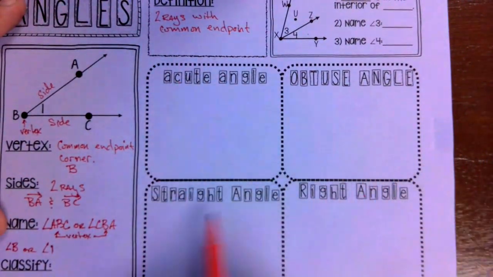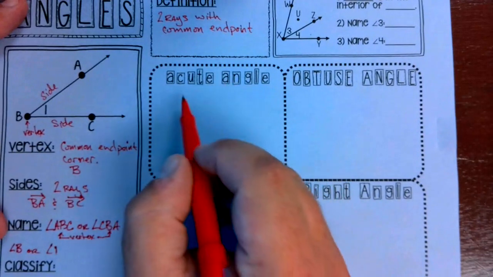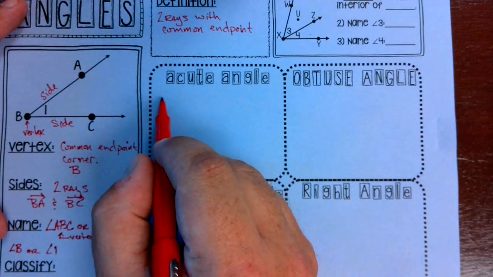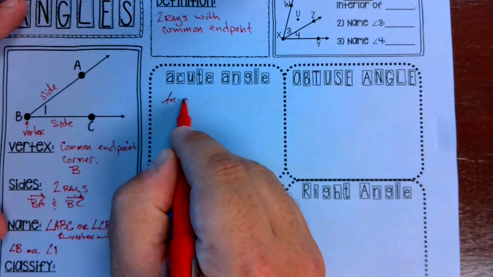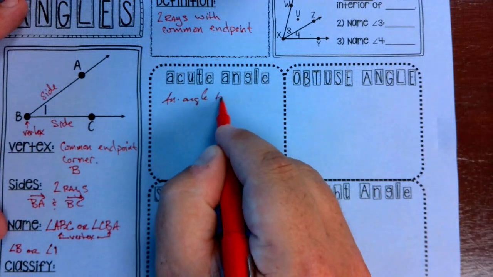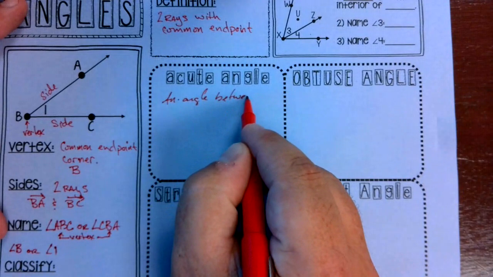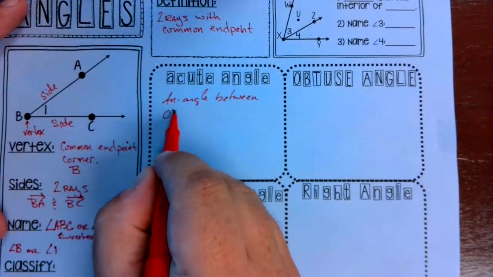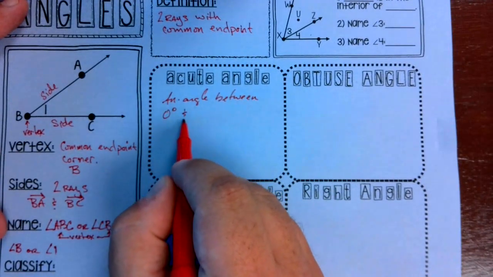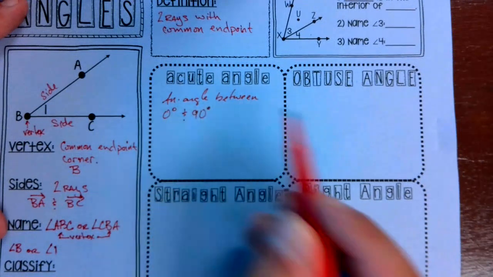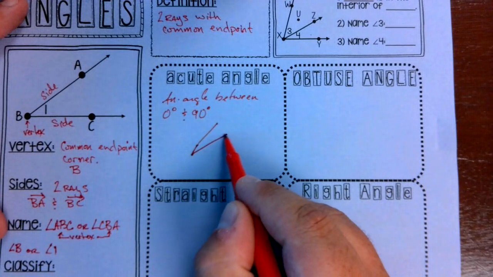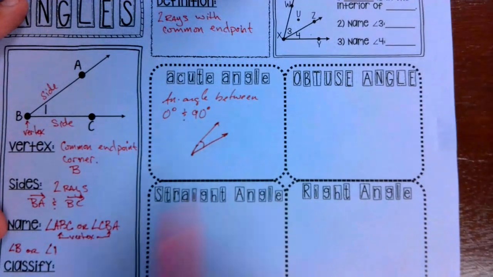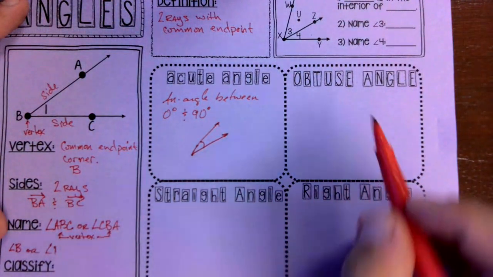These are types of angles. Acute angle. This is an angle between 0 degrees and 90 degrees. It tends to look something like this, small angle between 0 and 90.